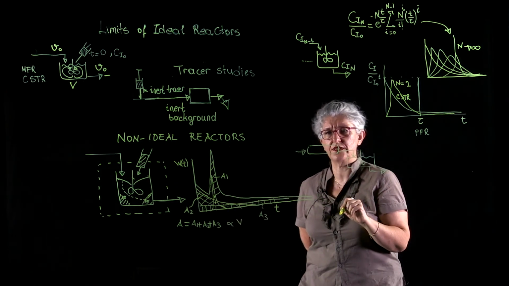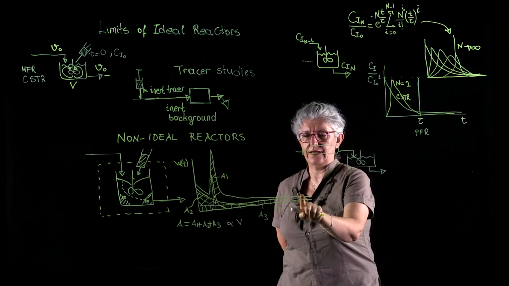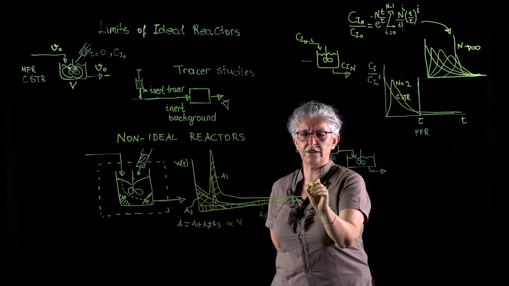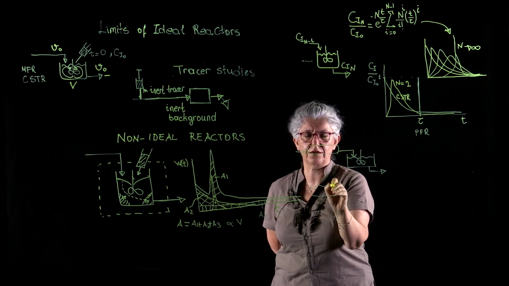In the first situation, we have the plug flow reactor as the first unit; in the second situation, we have the CSTR as the first process unit.